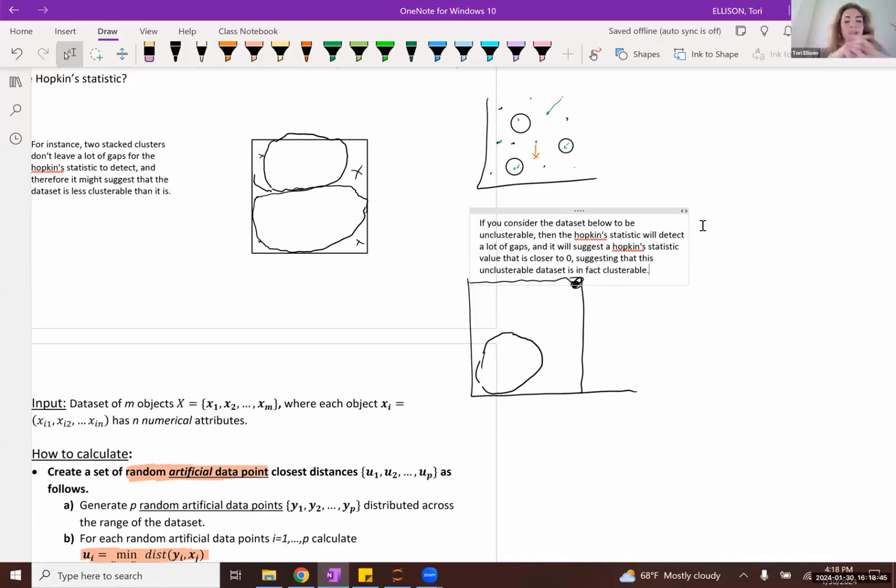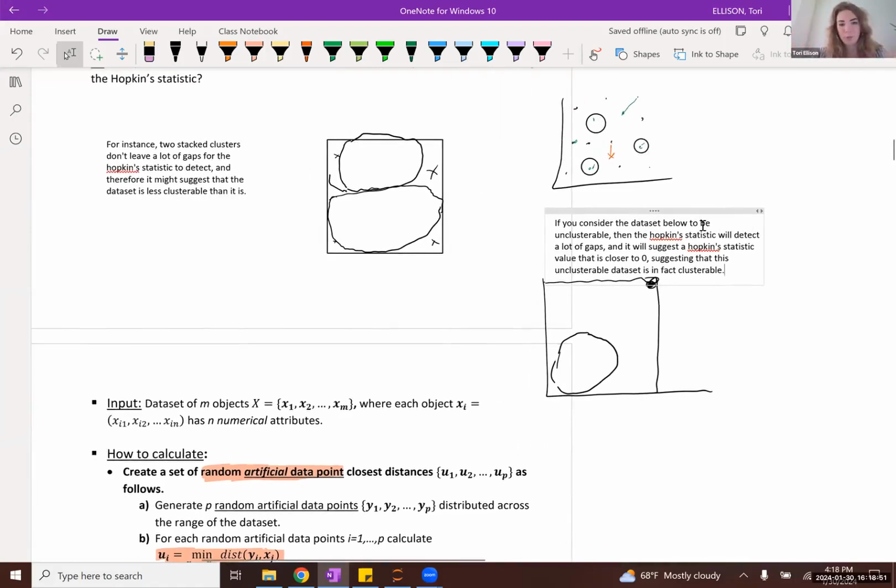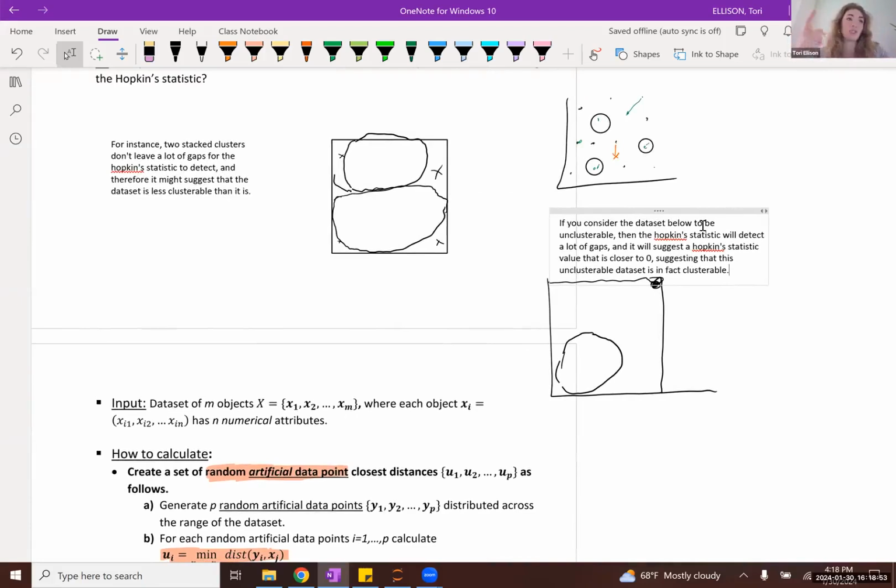Okay, so that's how the Hopkins statistic metric breaks down in the other direction, in which you have an unclusterable data set, but the Hopkins statistic suggests that it is clusterable.